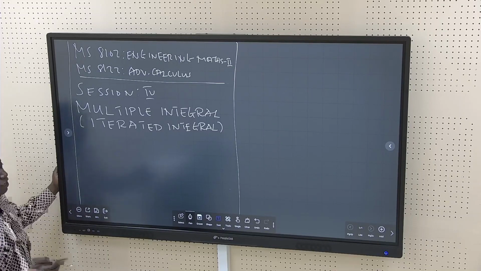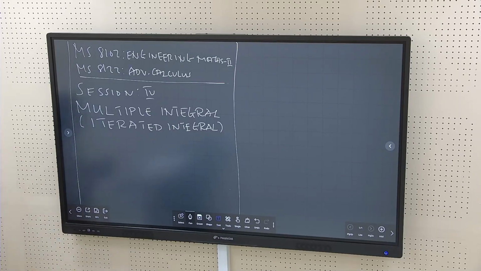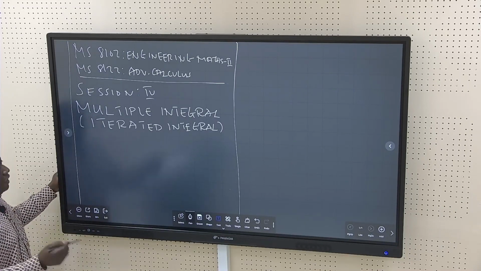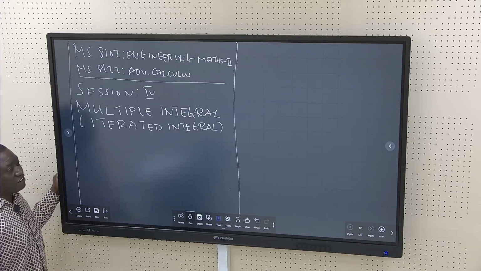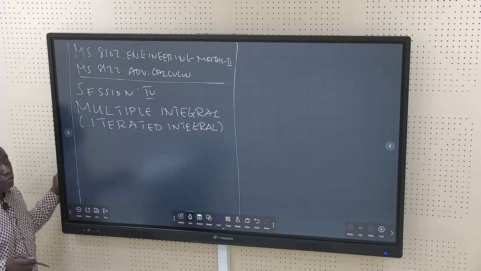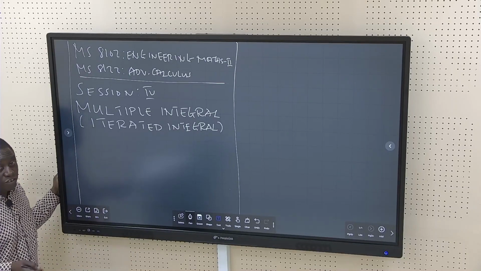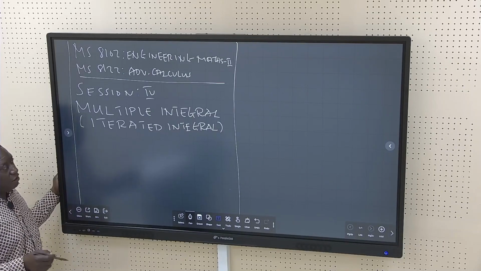We had a good review of integrations in the previous lessons. I sent it to you through Moodle, some quick reviews of techniques in evaluating various integrals.